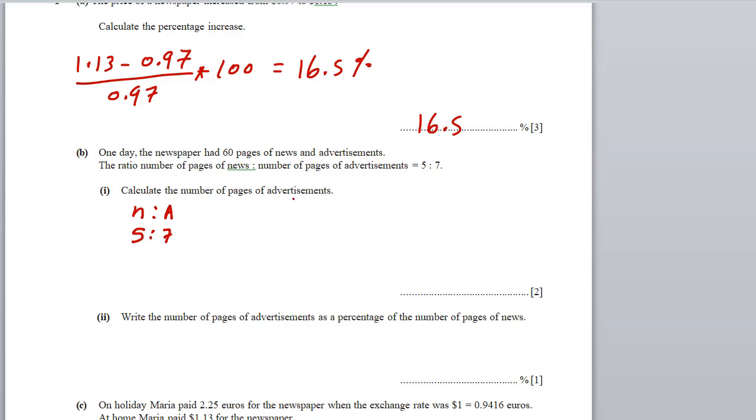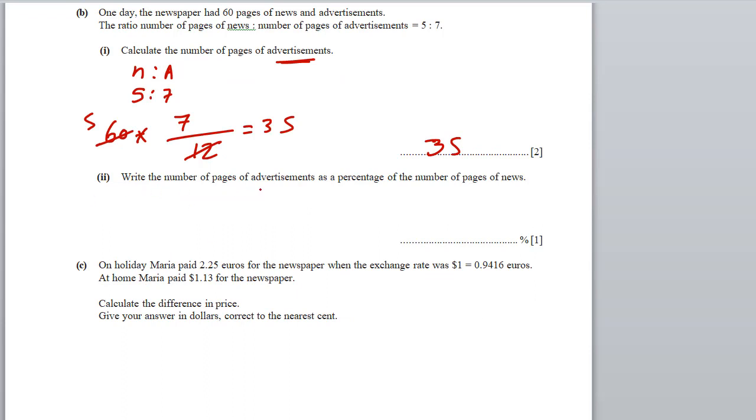Calculate the number of pages of advertisement. So 60 multiplied by 7 divided by 5 plus 7, which is 12. So here 5, so 35. So this is the number of pages.